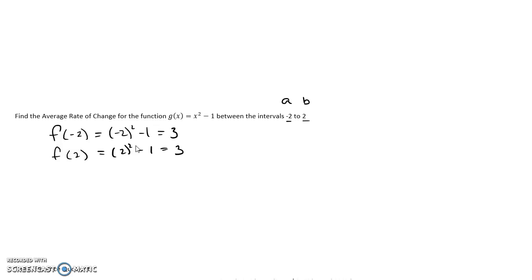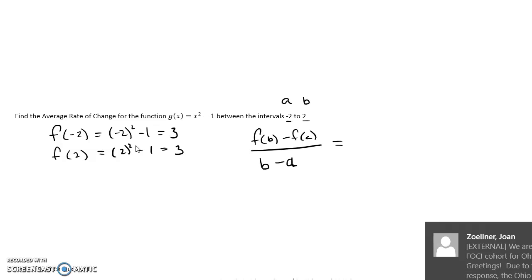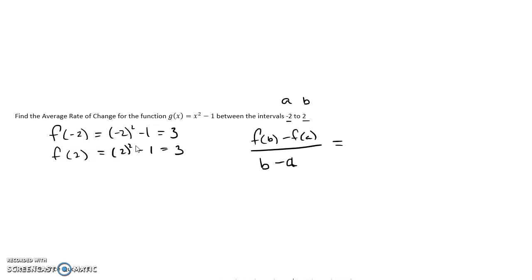So now let's take a look at that formula. Again, it's going to be the change in y, or f of b, minus f of a, divided by b minus a. So let's plug the values in. F of b would be the f of 2, which we found was 3.